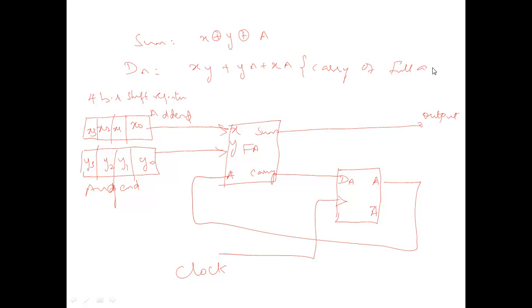Now since it is a synchronous circuit, you are having an external clock, which is common. Only one flip-flop is available, so you are using only one clock. Okay, so this completes the design of the serial adder.